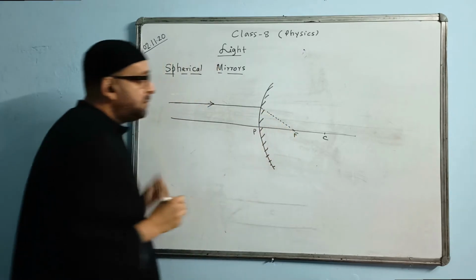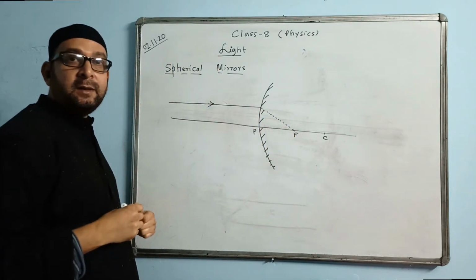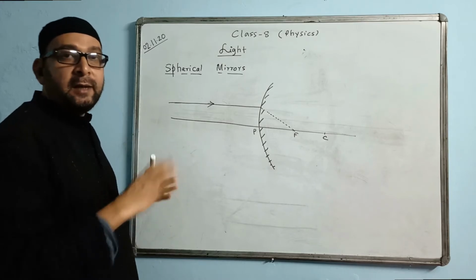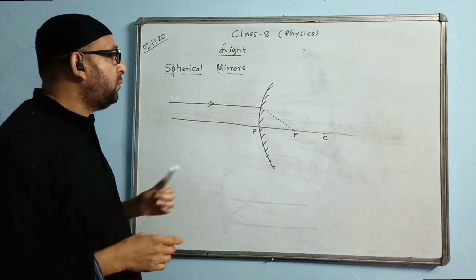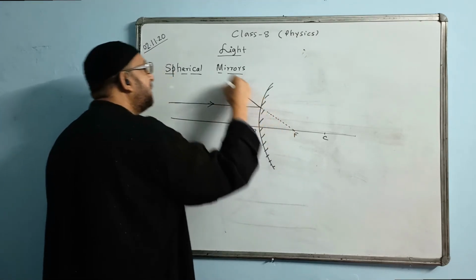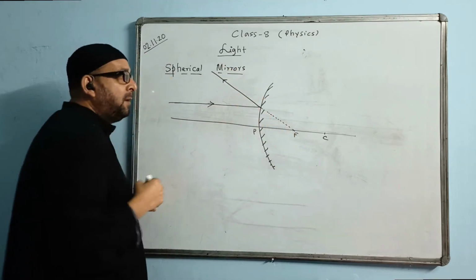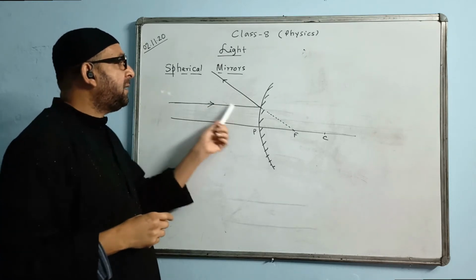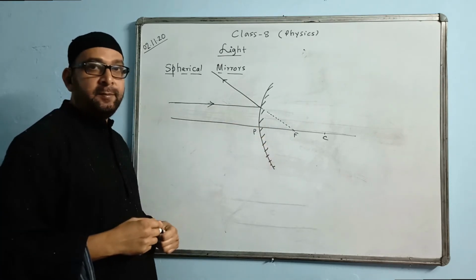Light actually does not pass through the polished surface, but it appears to pass through F. So the ray will reflect in such a way that it appears to pass through the point F.